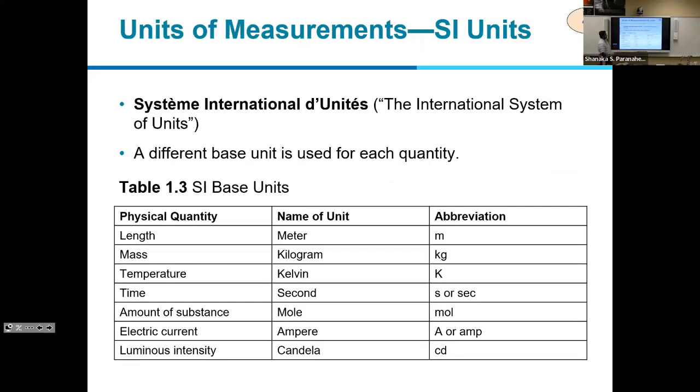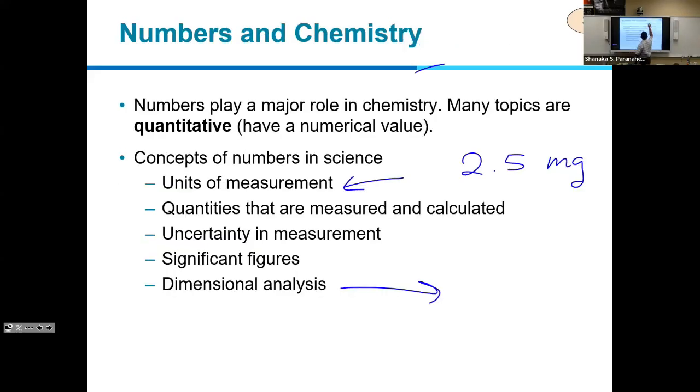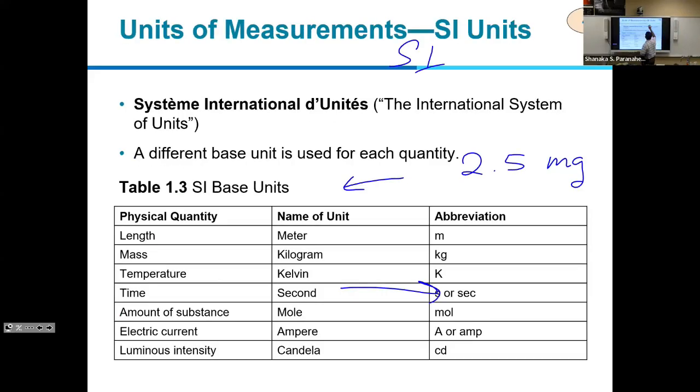In science class, as a practice, we are going to use the SI unit, the International System of Units. It's a modification of another unit system, called the metric system.